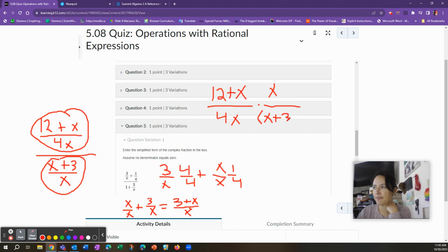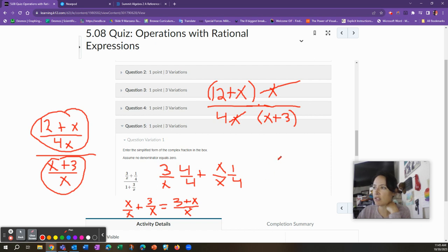Okay? All right, so we're multiplying, so I'm going to put some parentheses around. Cool. We have 12 plus x times x over 4 times x plus 3. We're looking for common factors, so if you notice this x over x, they just cancel, and then we're done, unless they want you to distribute.